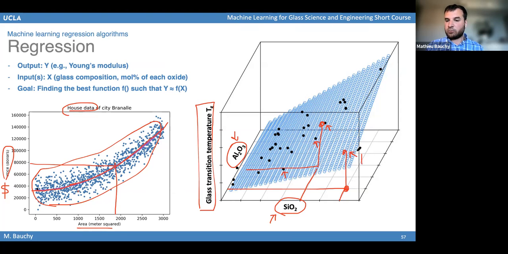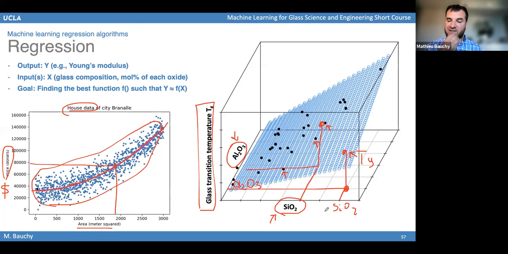If you only know how much silica you have and how much alumina you have, then you would be able to predict what should be its glass transition temperature. So that's the idea of the regression model.